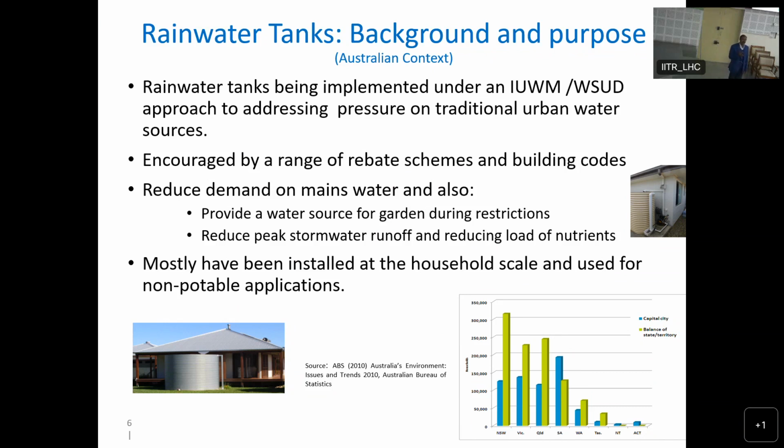Except the drinking purpose you can use it for the other purposes, that are the main applications here. This water will be used for irrigation, gardening or other purposes here in the houses' surroundings.